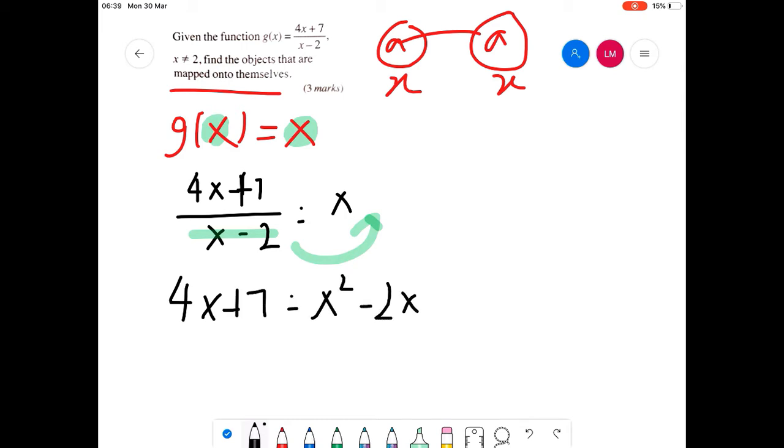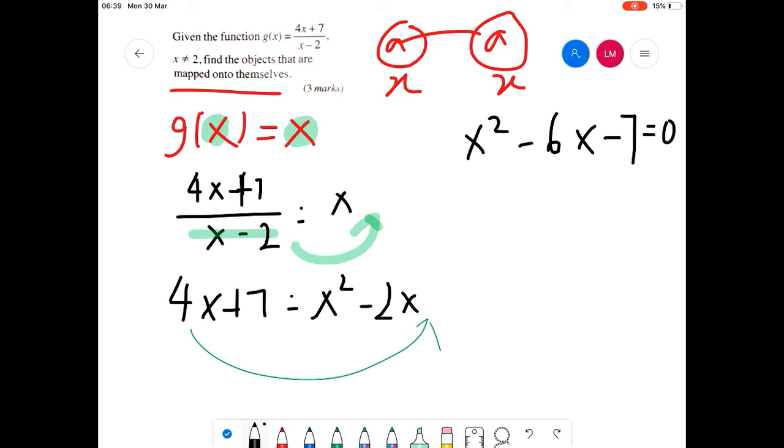You rearrange in the general form: x squared, the 4x you bring over to become minus 4x. So we are going to have minus 2x minus 4x, which is minus 6x, and plus 7 moves over to become minus 7. So basically the left hand side is 0. You can straight away write at the back equal to 0. So x times x, x squared, 7 times 1 is 7, negative, plus.